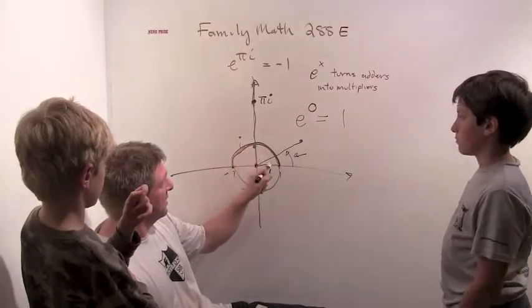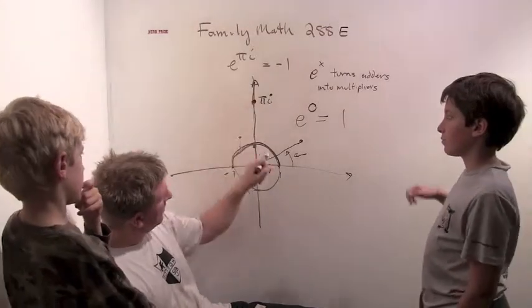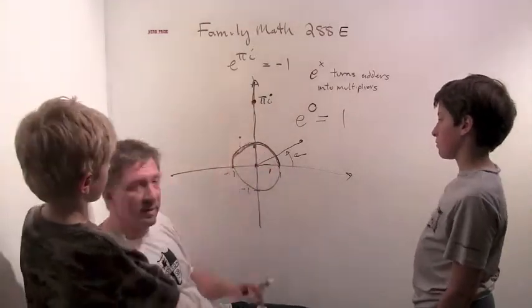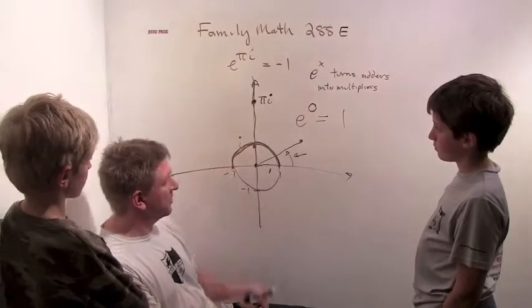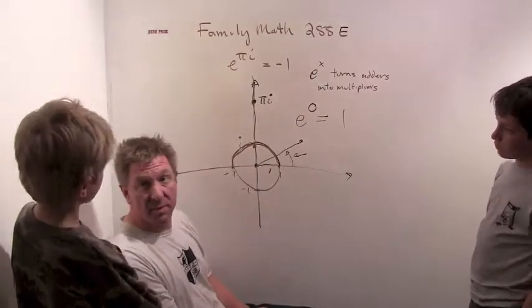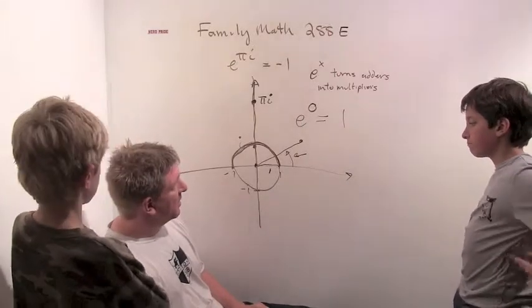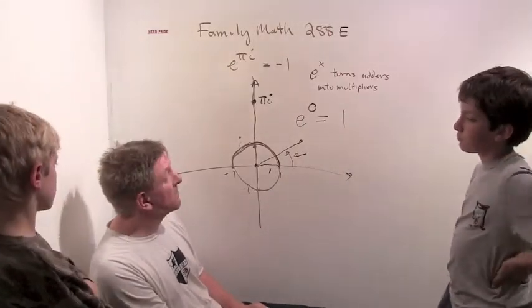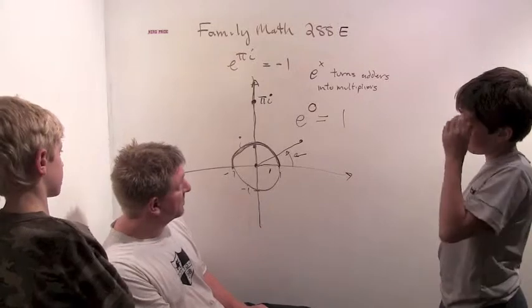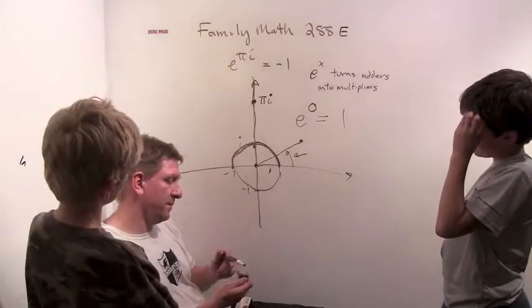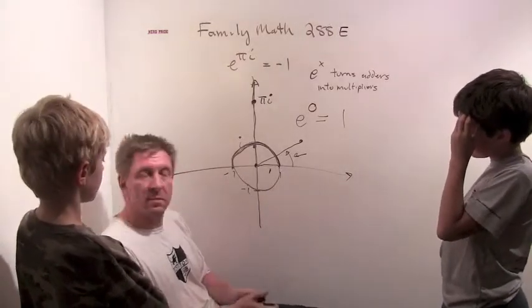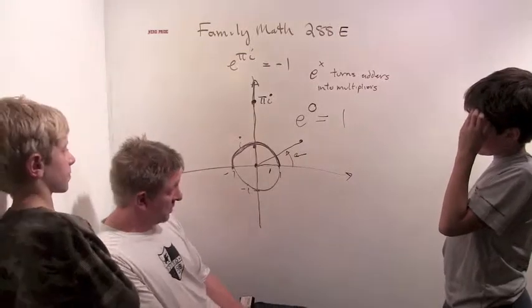Well, pi i goes halfway around. So pi i goes to minus 1. And that's what they're talking about. I don't know how natural that is, but it's interesting. So what do you think? Cool project.